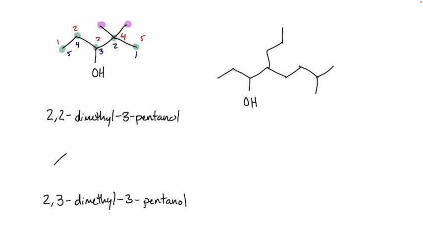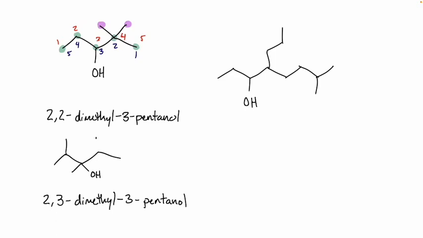All right, so I've got my 5 carbons in my parent chain. I have one methyl group on carbon 2, another methyl group on carbon 3, and my OH group is also on carbon 3. So we can see 2,2-dimethyl-3-pentanol and 2,3-dimethyl-3-pentanol.